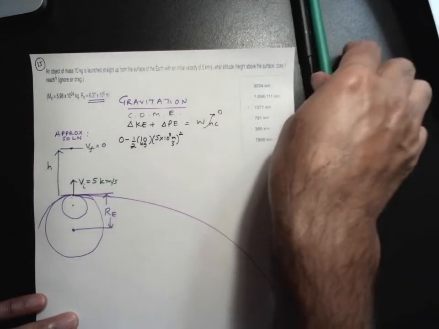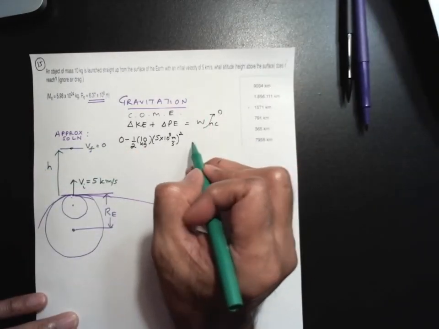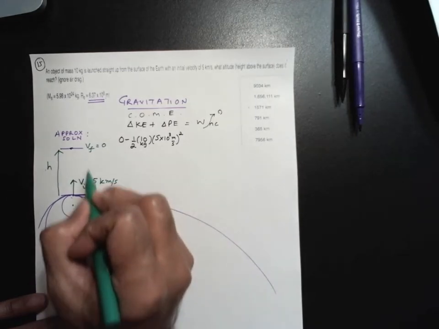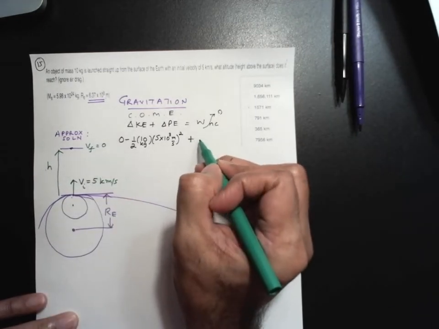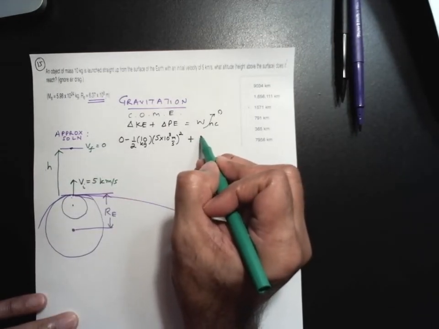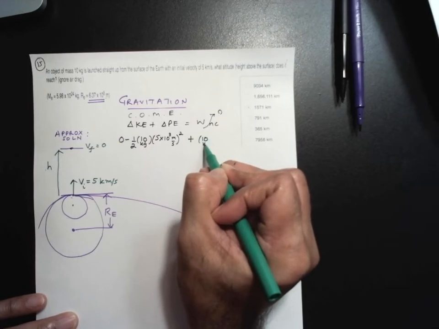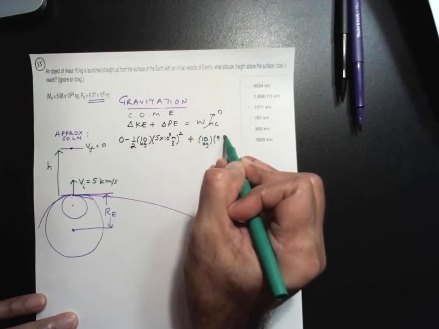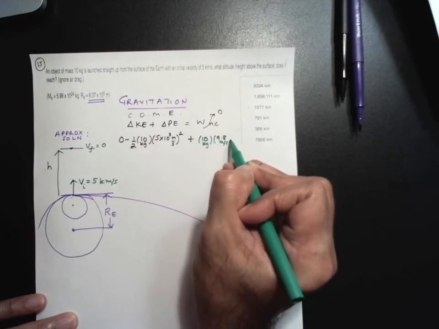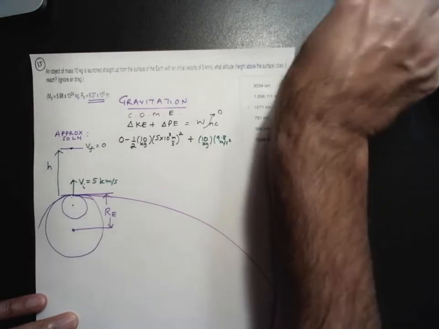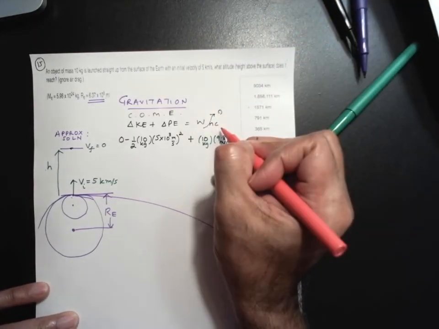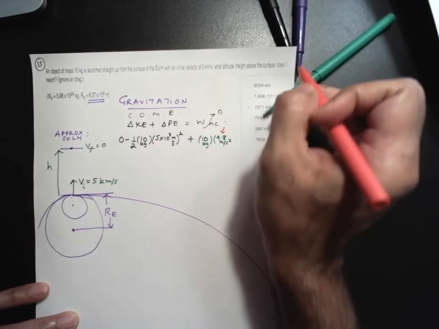Let's say you play dumb and just say that the change in potential energy is mgh. So the mass is 10 kg, the g is 9.8, and please understand that this is not really right.